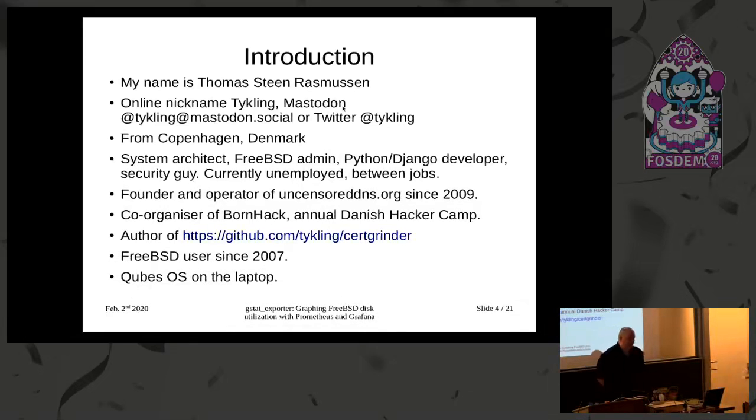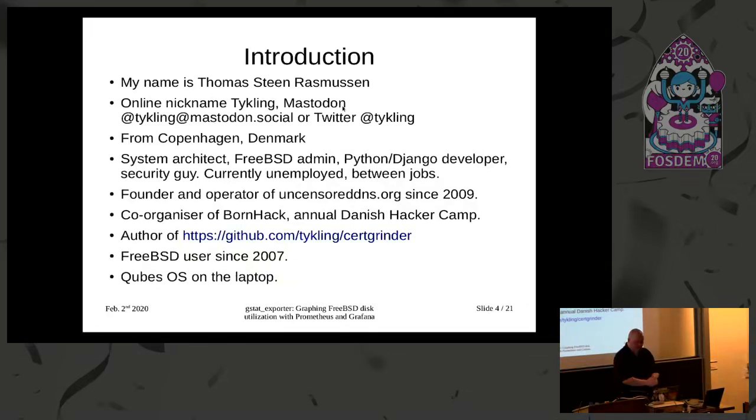I have a bunch of minor open source projects on GitHub. I use FreeBSD exclusively on servers. I've used it since 5.2.1, I think, which was my first installed server. On my laptops, I run something called Qubes OS, which is an awesome operating system.